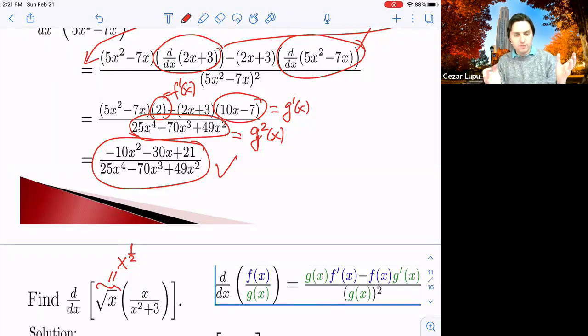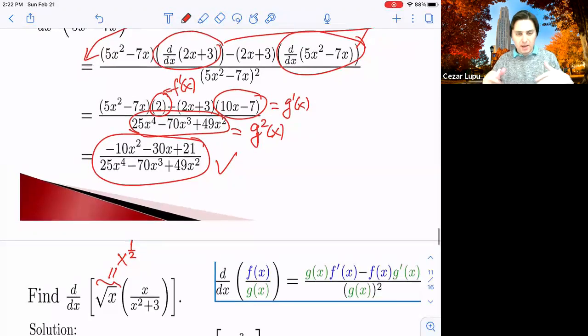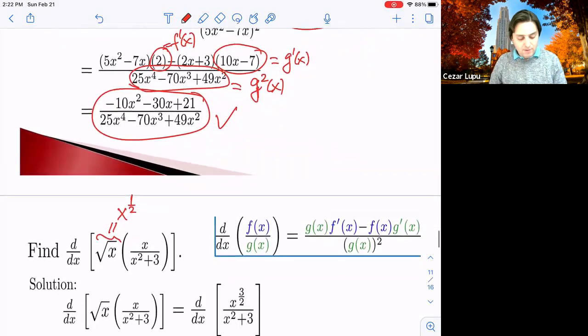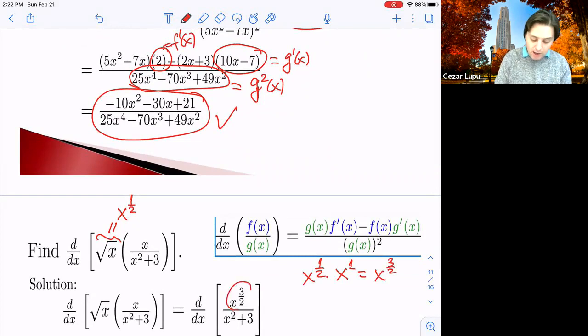You have the quotient of two functions, and we can apply just the quotient rule directly. It would be complicated to have two procedures applied at once. So that's what we need to observe. So x to the 1/2 times x is x to the 3/2. So that's what we have at the top, as you can see here.